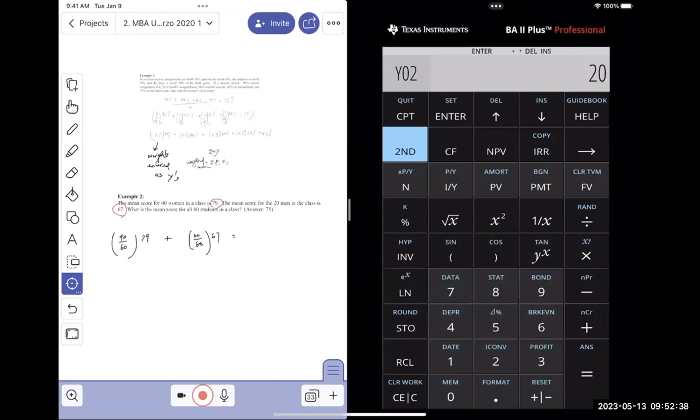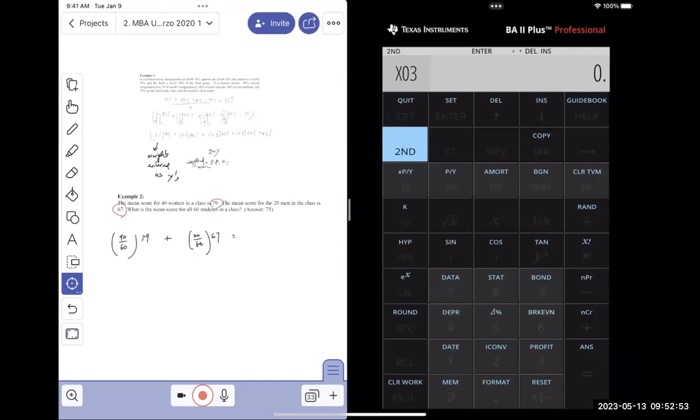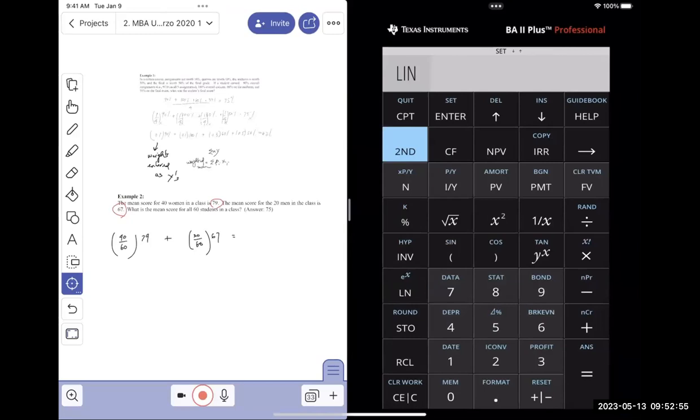I'm going to do 20 divided by 60, and I'm going to enter that as well. And I'm done. Let's review. And then ask for the statistics and scroll up to get the weighted mean. And I got the answer.